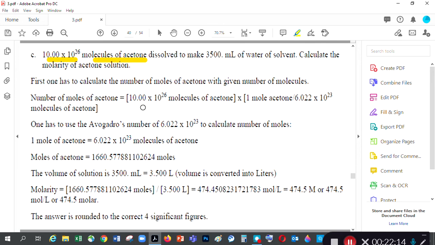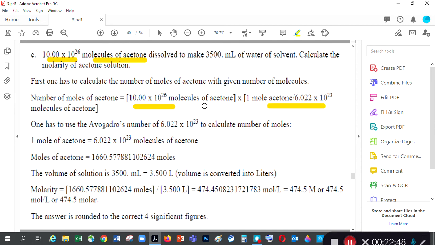We are not interested in molecules. We are interested in moles, and as you recall, 1 mole is equal by definition to Avogadro's number of molecules, or Avogadro's number of atoms, or ions, or formula units, sometimes called. Okay, so for the number of moles of acetone, we take the number of molecules given to us and divide it by Avogadro's number.